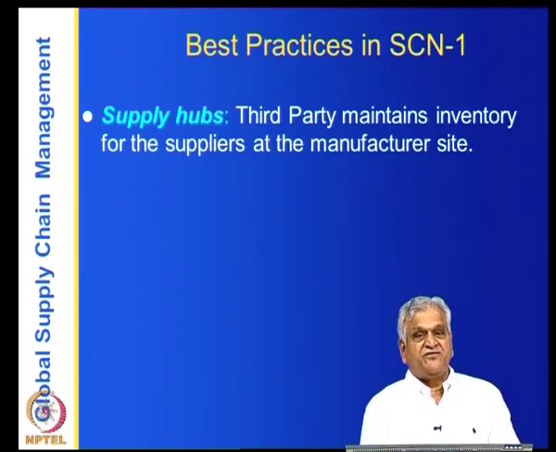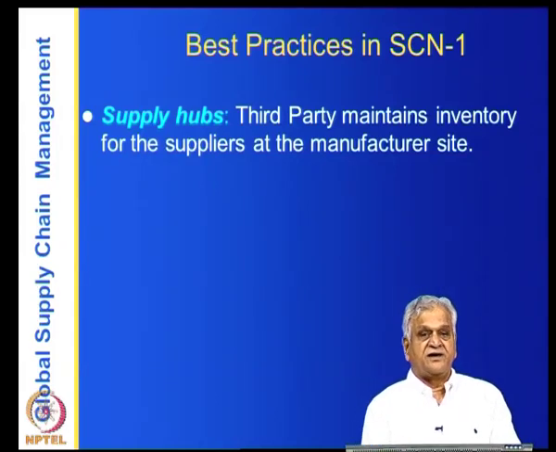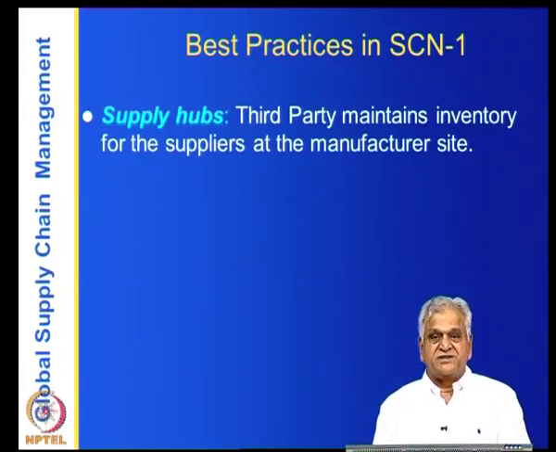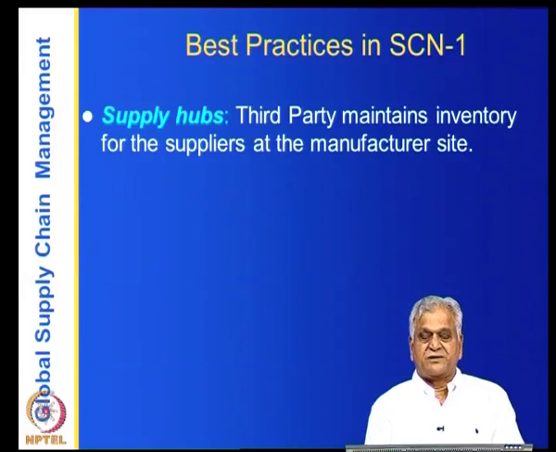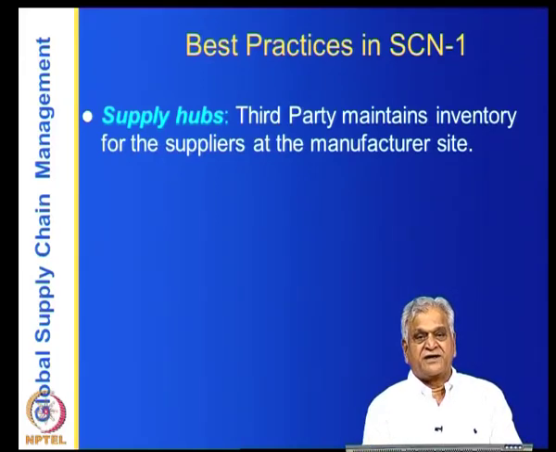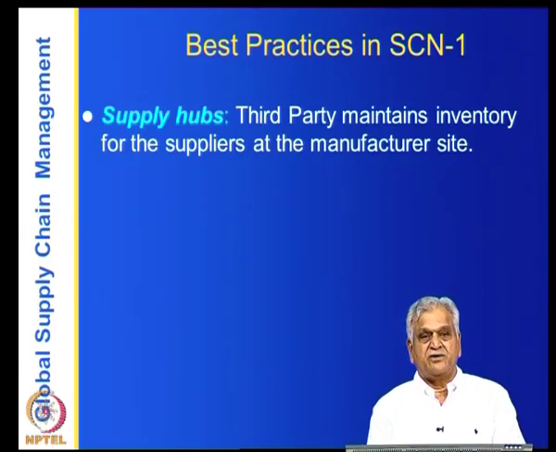So, at the manufacturer's site, some third party maintains inventory for the suppliers. In other words, once the manufacturer gets an order from the customer, he is going to order the components from the supply hub, which is located very closely to the manufacturing site.